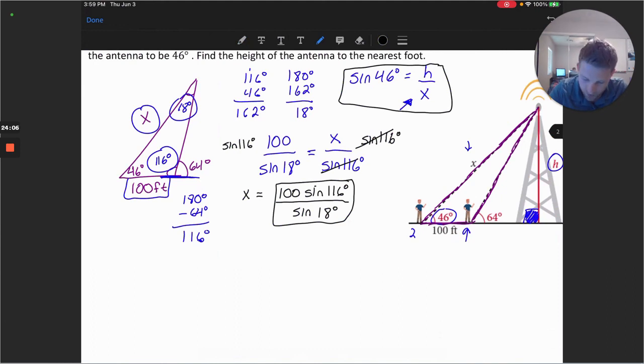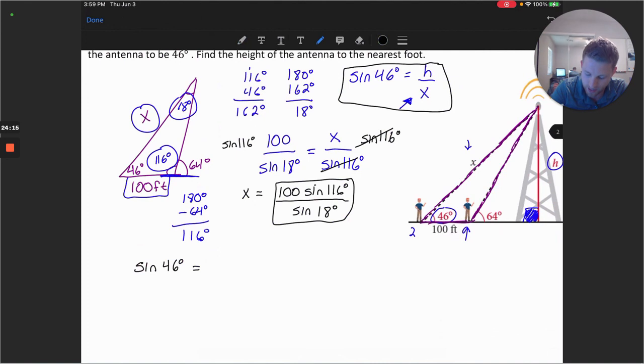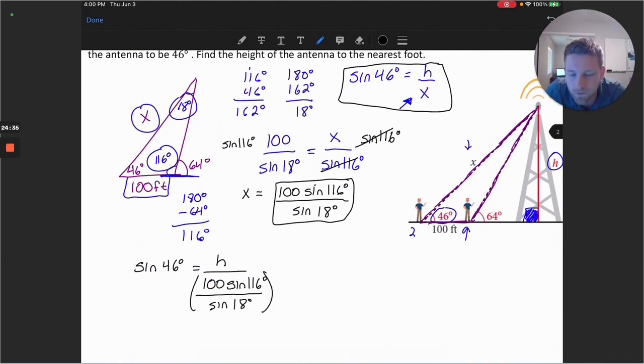So the sine of 46 degrees is equal to h, that's an unknown we'd like to solve for, divided by 100 times the sine of 116 divided by the sine of 18. Now, to solve for that h quantity, all we need to do is multiply by the reciprocal of the bottom, or we'll just multiply by that fraction.